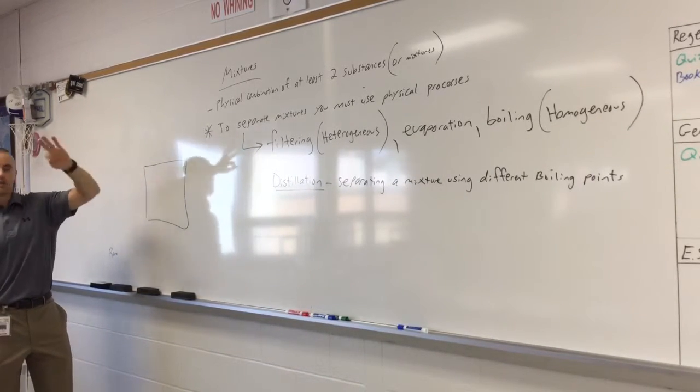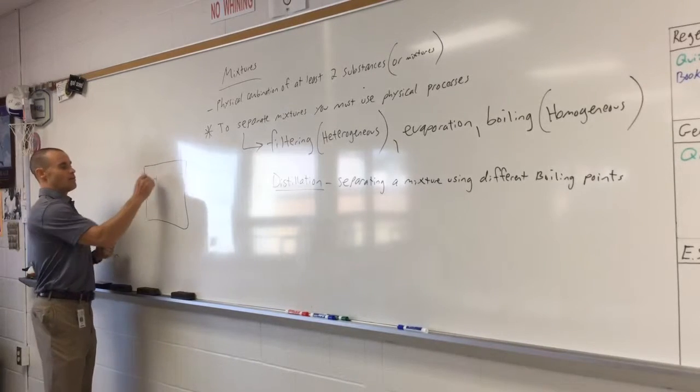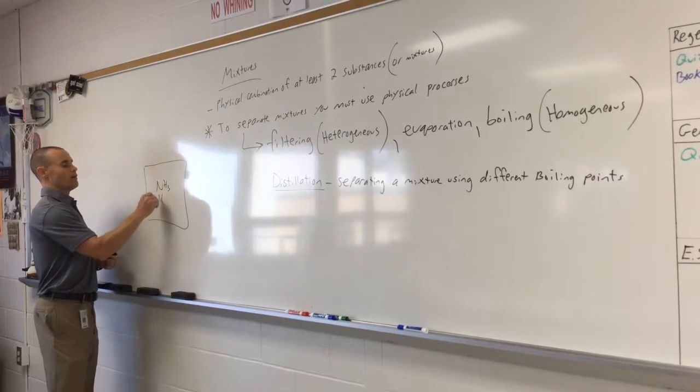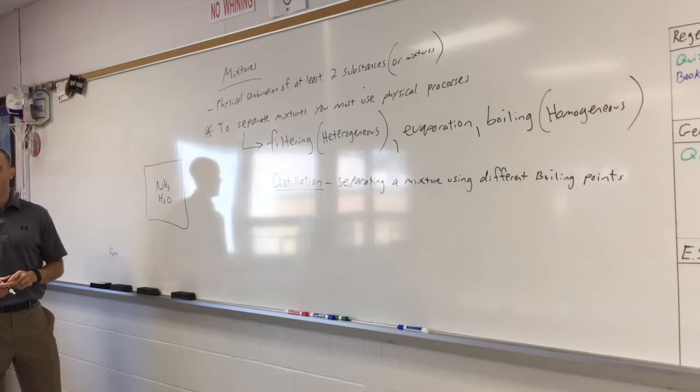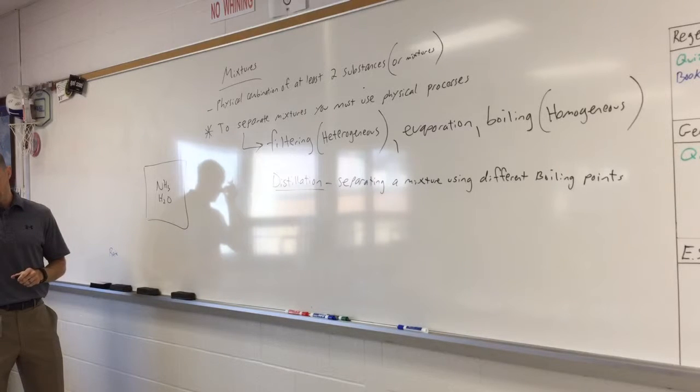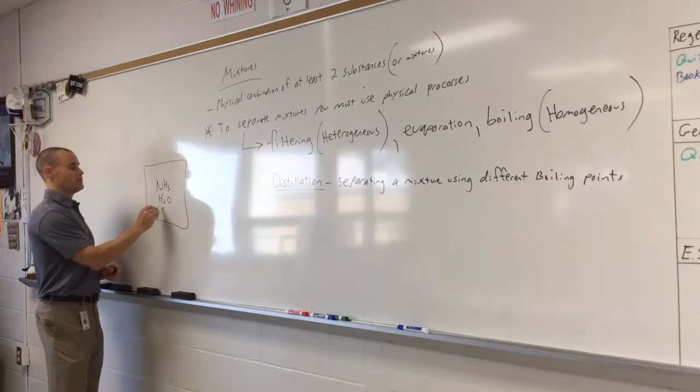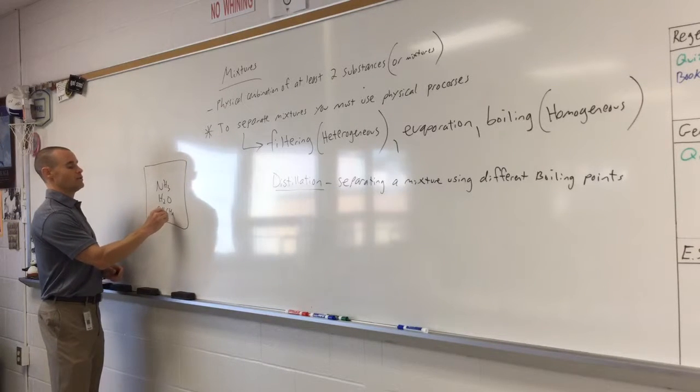Let's say this has three liquids in it. Let's say we have ammonia, NH3, we have water, and we have ethanol, CH3CH2OH.